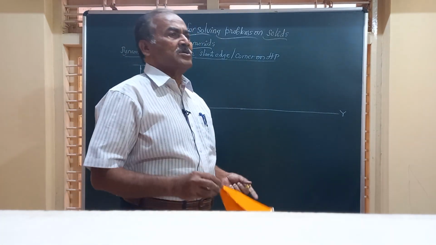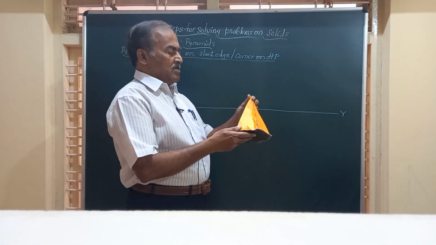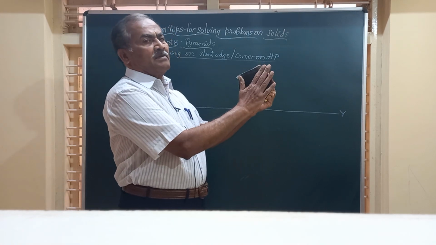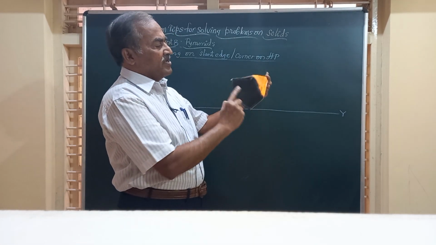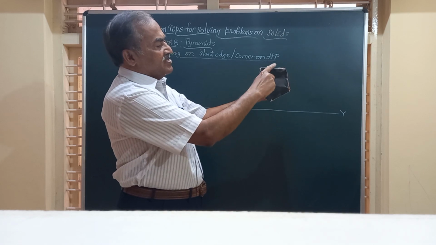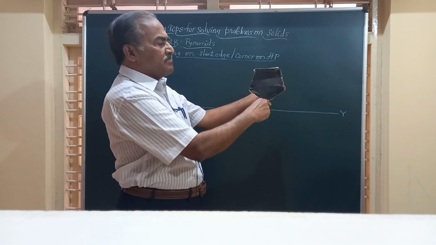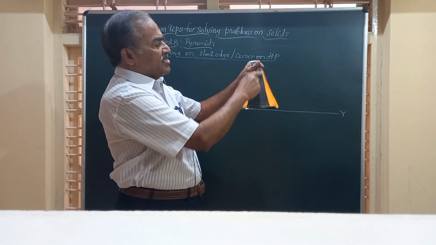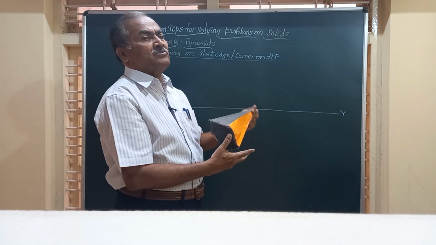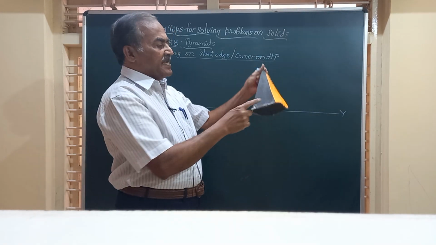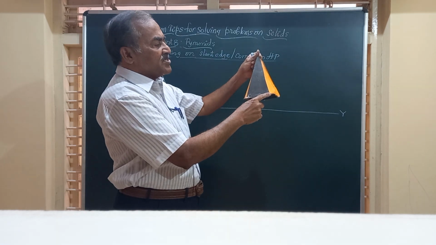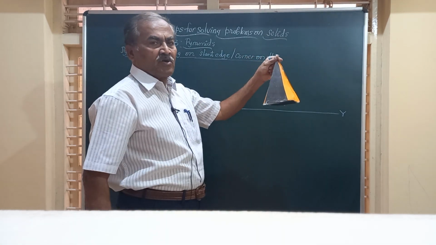Friends, here remember this pentagonal pyramid will have a pentagonal base having each side measuring some dimension, and it will have five slant edges connecting the corner of the base to the vertex of the solid.